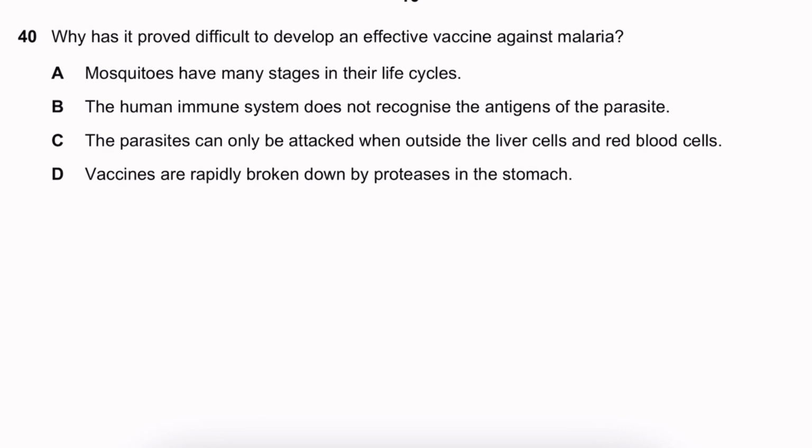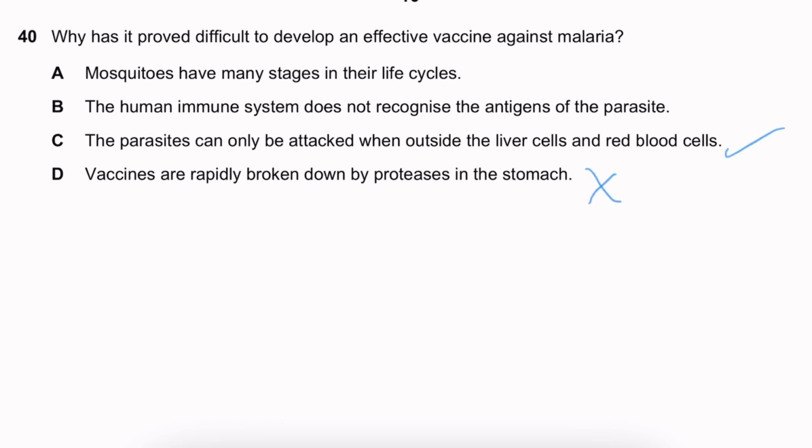The human immune system does not recognize the antigens of the parasites. It does recognize them, however, it does not see them most of the time when they are concealed. The parasites can only be attacked when outside the liver cells and red blood cells. Or vaccines are rapidly broken down by proteases in the stomach. The vaccine is not going to be taken by mouth for malaria, so that's wrong. However, this one is alright. There's lots of antigenic concealment.